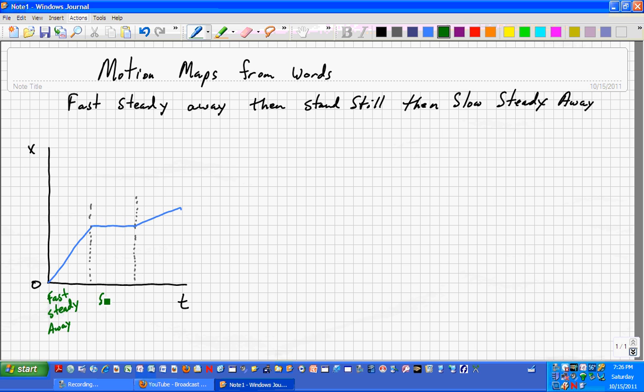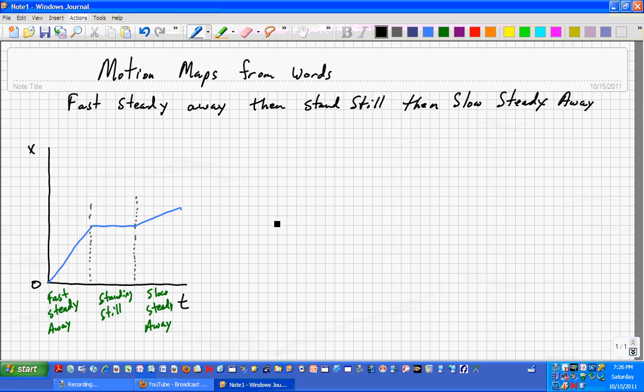And then down here is standing still. And then this last part of the graph is slow, steady, away. So that should help me later on down the road. I know this is starting at 0, so that's not a problem.